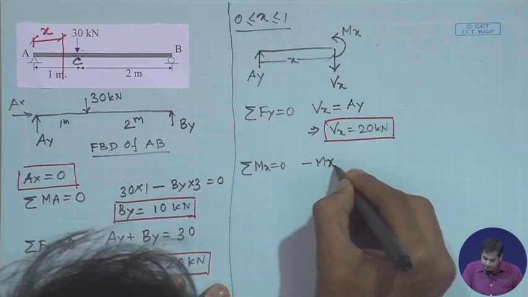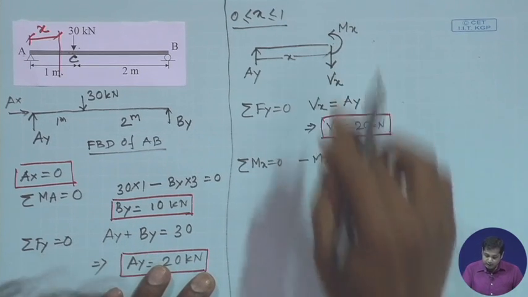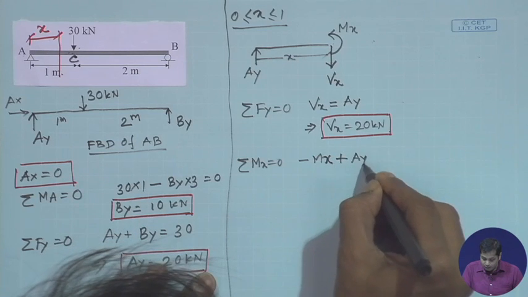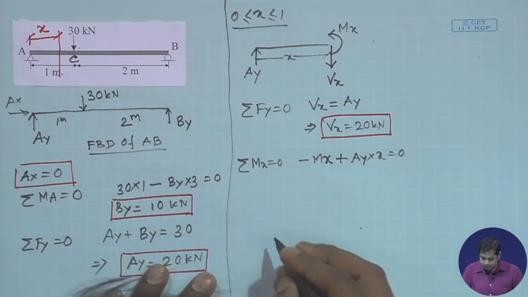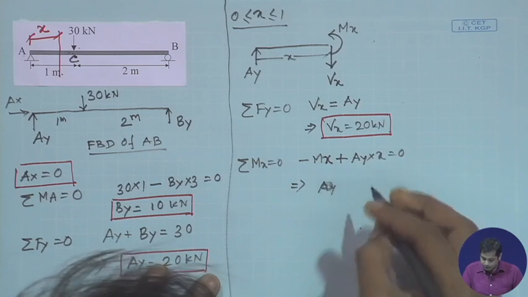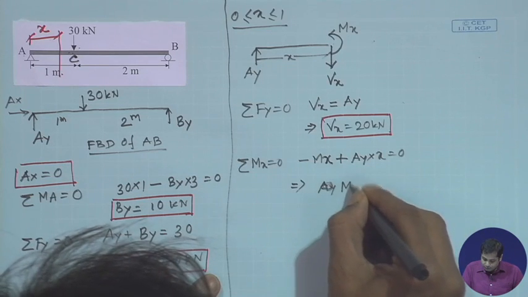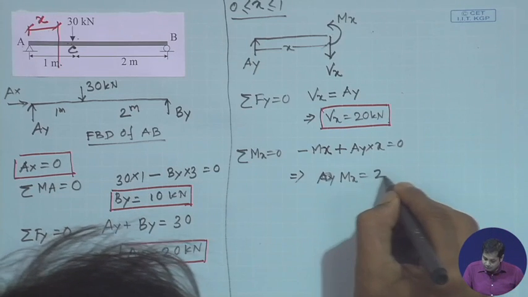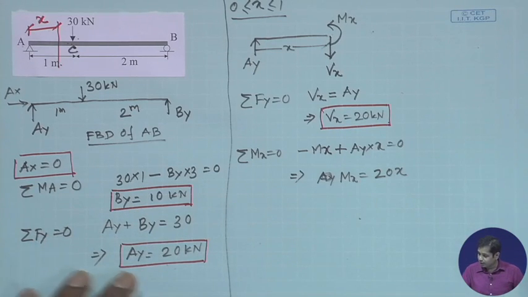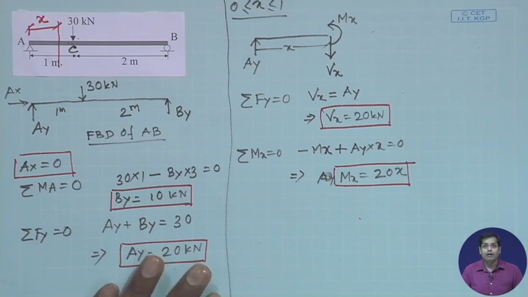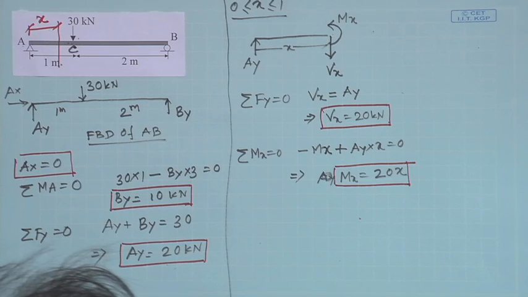Again and again I am repeating that when you do the algebraic operation, check whether it is clockwise or anti-clockwise. Then plus Ay into x, that is equal to 0. Since Ay is equal to 20, this gives you Mx is equal to 20x. So this is how bending moment varies between A and C.